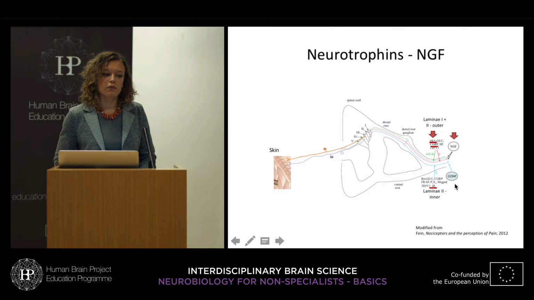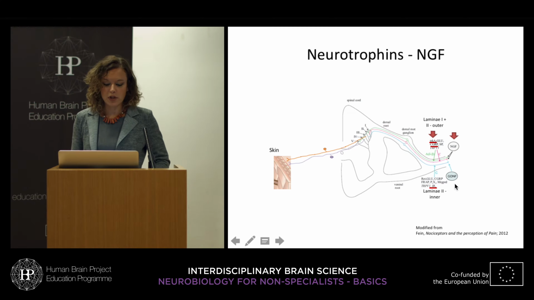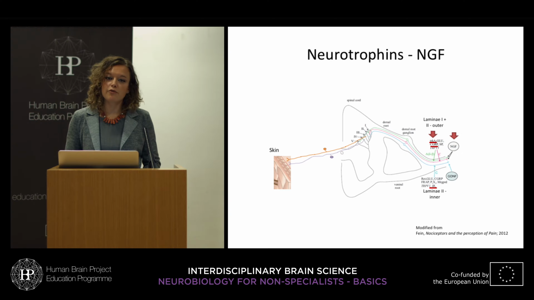So, for example, NGF, nerve growth factor, is a really important factor because it's involved in the development of the nociceptors. So nociceptors respond to NGF because they express TRKA receptors.